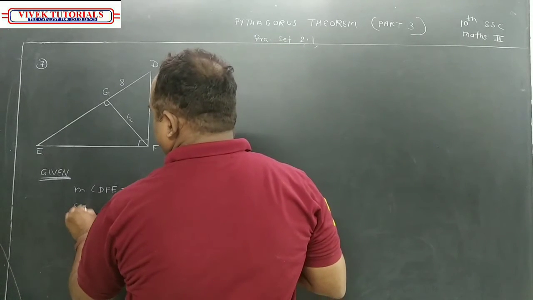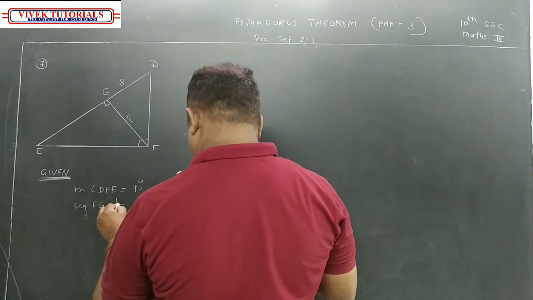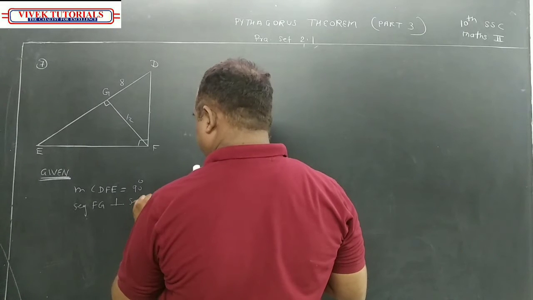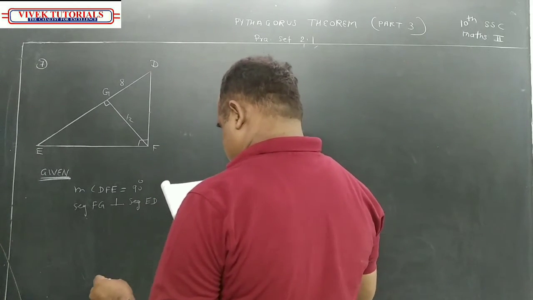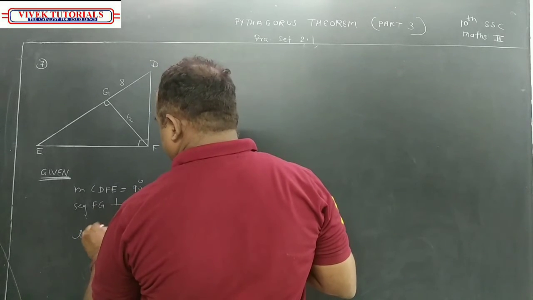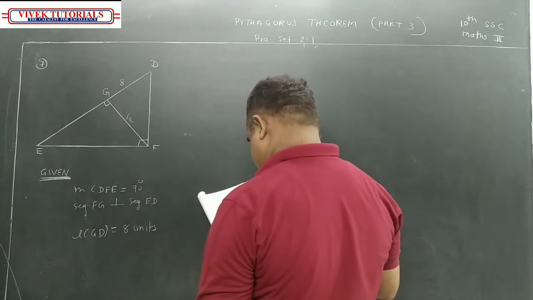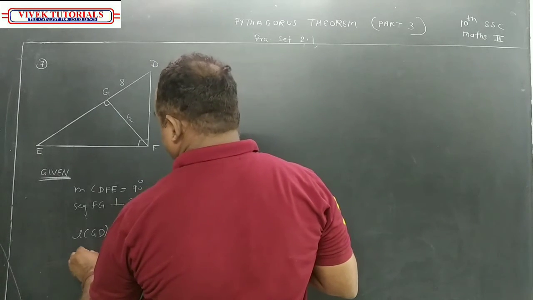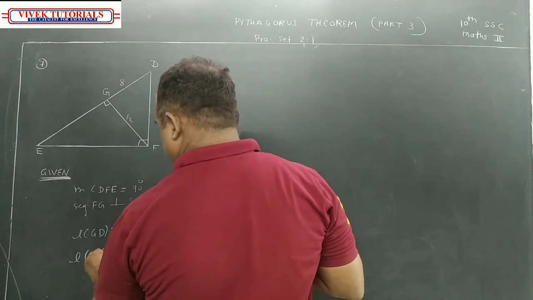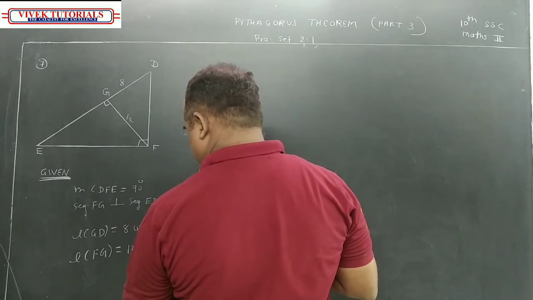Segment FG is perpendicular to segment ED. Then length GD is equal to 8 units, length FG is equal to 12 units.